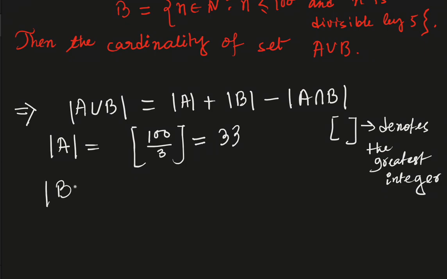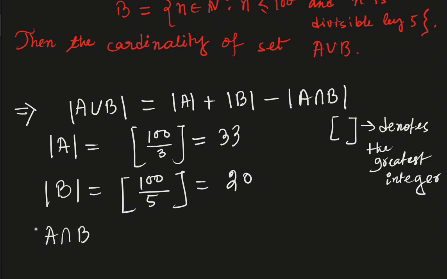And what is the cardinality of B? In the set B there will be 20 elements, so that's the cardinality of B. Now what is the cardinality of A intersection B?